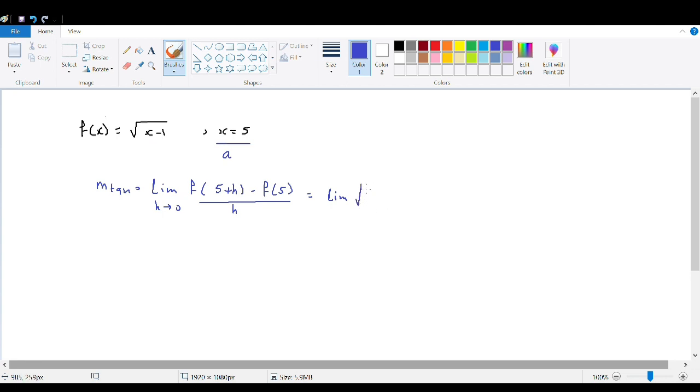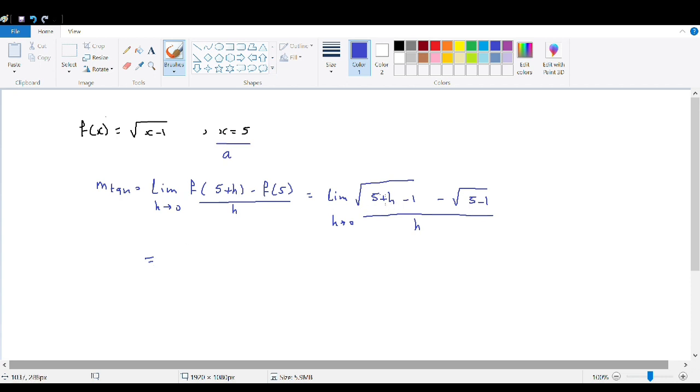So this will be root of 5+h minus 1, then minus f(5). We go to the function and replace x by 5. It will be root of 5 minus 1, divided by h when h approaches 0.